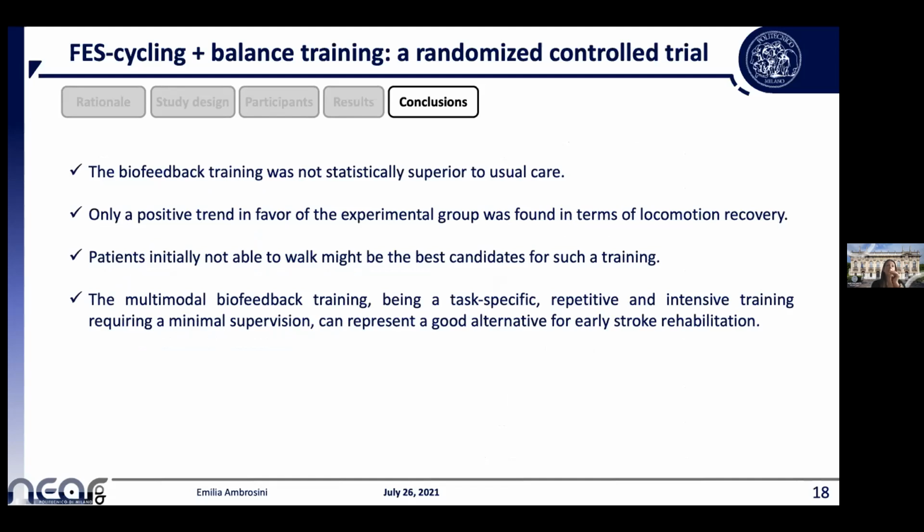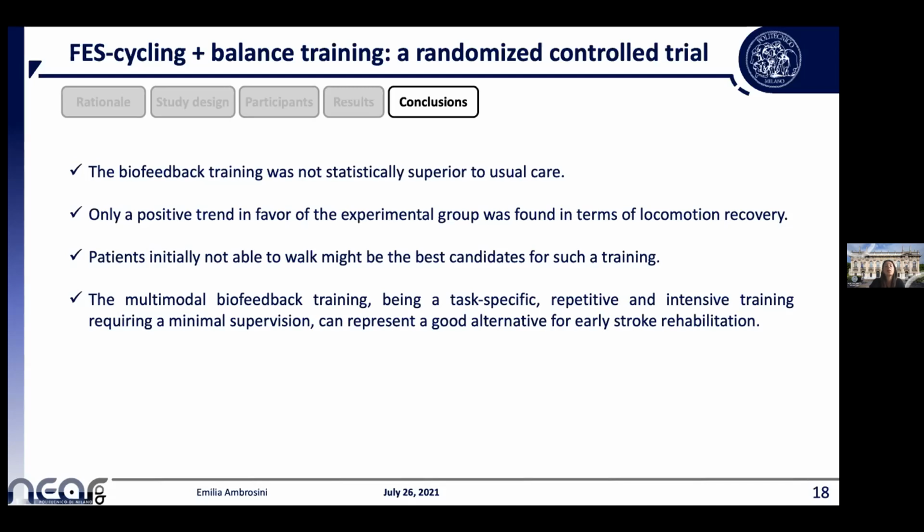And we also found that patients initially not able to walk might be the best candidates for such a training, which was actually focused at the beginning on patients not able to stand and not able to walk, since we really wanted to focus on seated balance and seated FES cycling at the beginning for this reason.